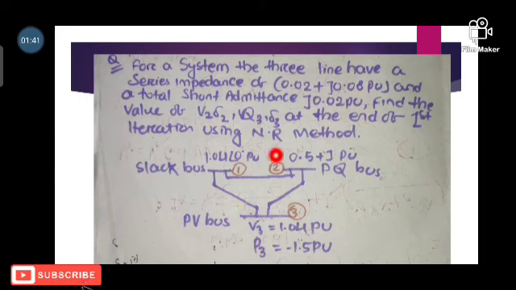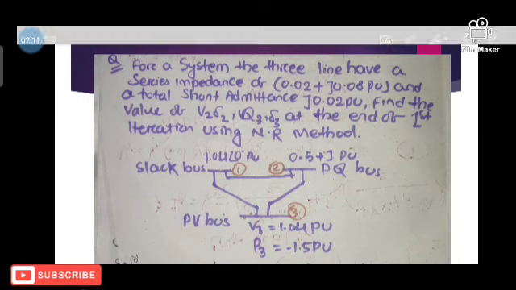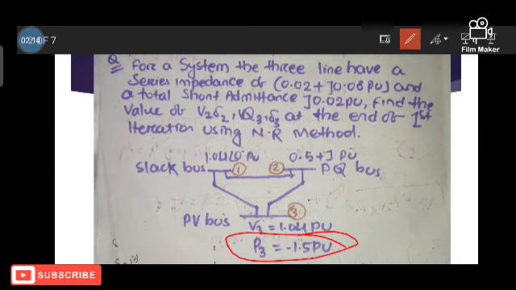The circuit diagram is given: bus number 1 is the slack bus, bus number 2 is a PQ bus, and bus number 3 is a PV bus. In the slack bus, the voltage magnitude is 1.04 and the angle del is 0 degrees. In the PQ bus, the active power 0.5 and the reactive power are given. In the PV bus, the voltage 1.04 per unit is given and the power is minus 1.5 per unit.